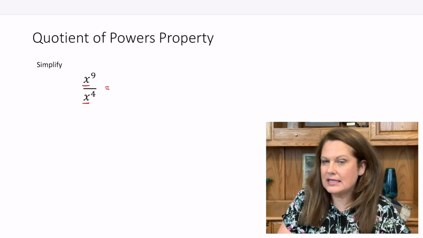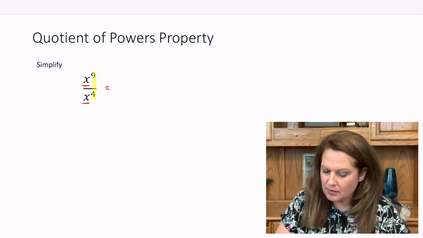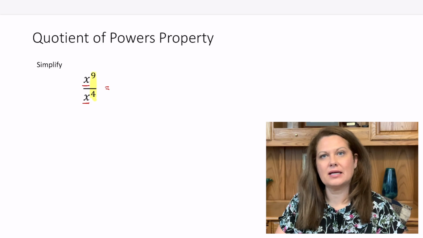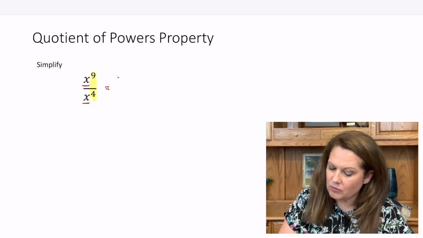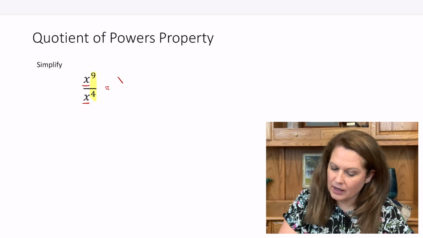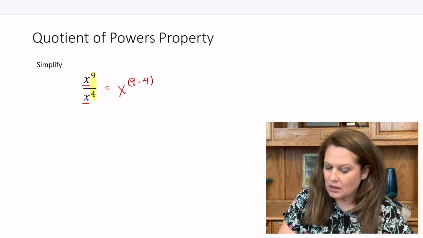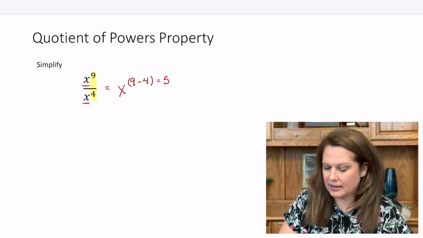Anytime we're dividing, we can actually subtract our powers and come up with the same answer as if we wrote it in expanded form. So x to the 9th minus 4. You're going to ask yourself, okay, what's 9 minus 4? That's 5.